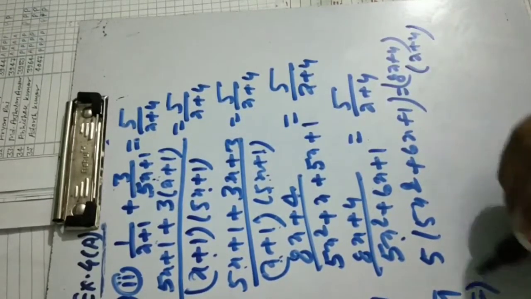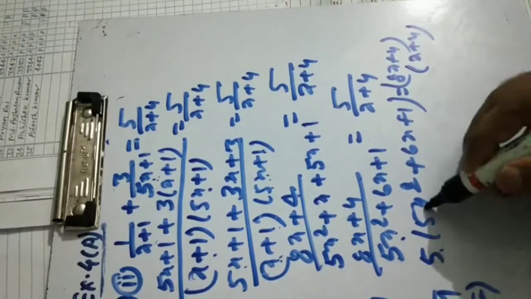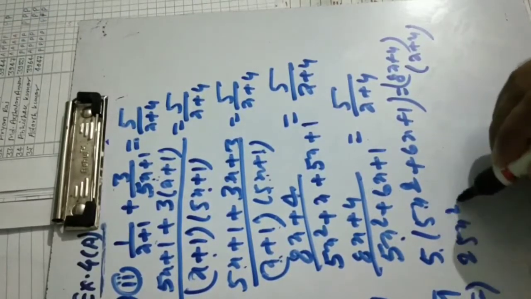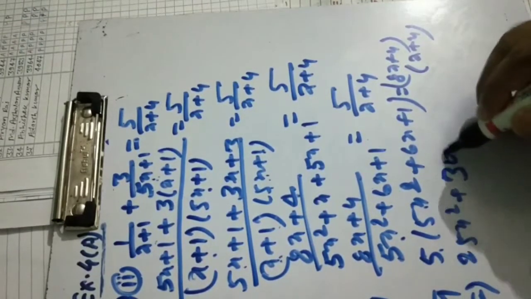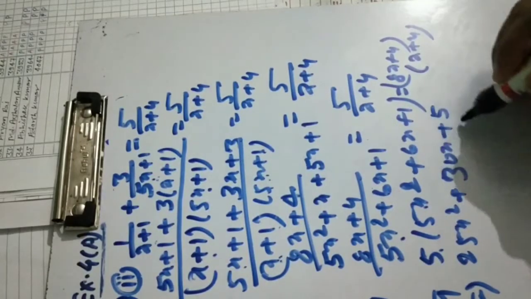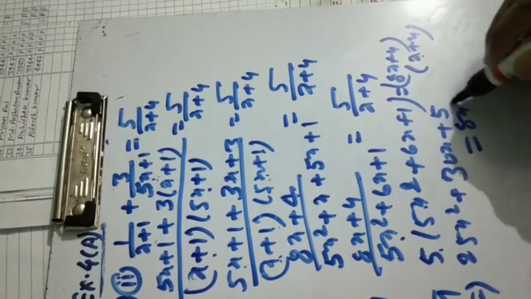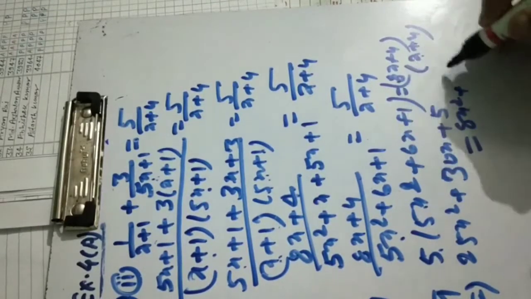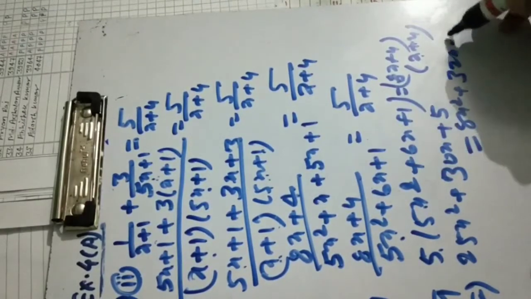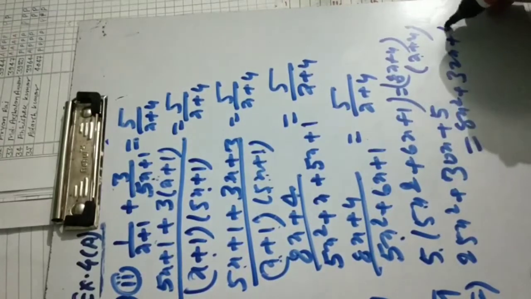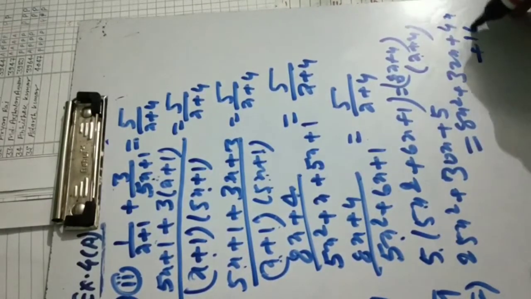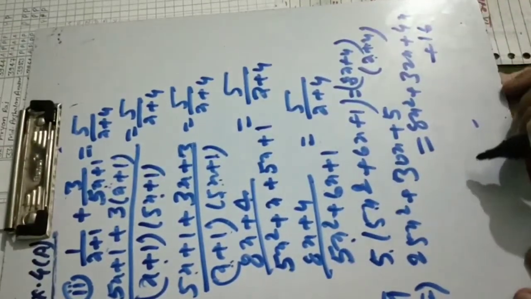Then we have to multiply it. 5 5s are 25x square plus 5 6s are 30x plus 5 will be equal to 8x multiplied by x will be 8x square plus 8 4s are 32x plus 4 multiplied by x will be 4x plus 4 multiplied by 4 will be 16.